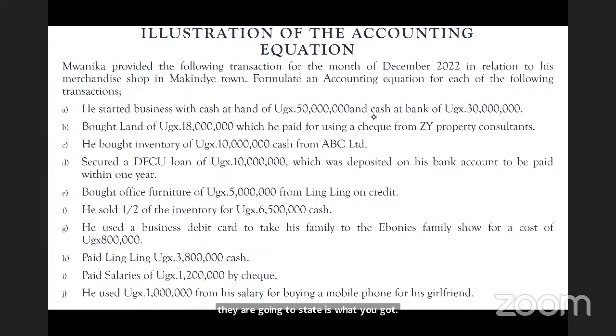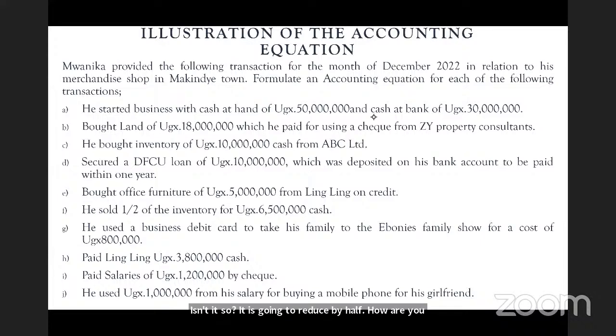So sold half of the inventory for 6.5 cash, meaning we received the cash of 6.5. Are we together? But since we are selling half of the inventory, our inventory, which was 10, is not going to remain 10. Isn't it so? It is going to reduce by half.